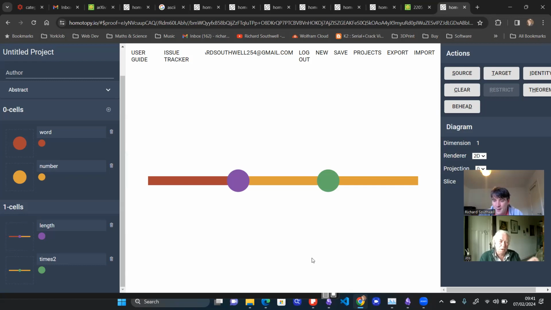No. Because the one thing is the length, and the length has a part which is called number. That is what this length is. And there is something else, and that is times 2. That is the times 2 function, but it also has another part, and that is its number.